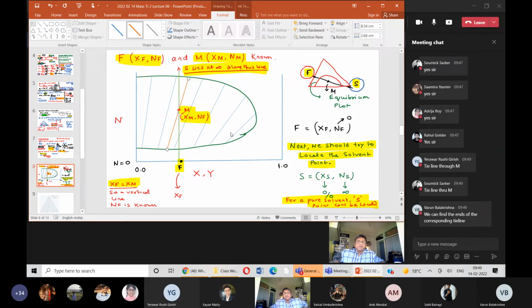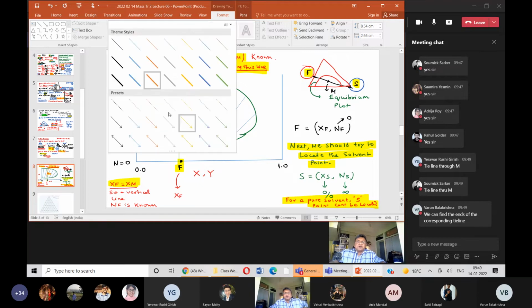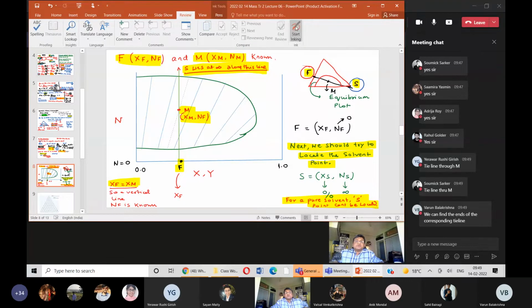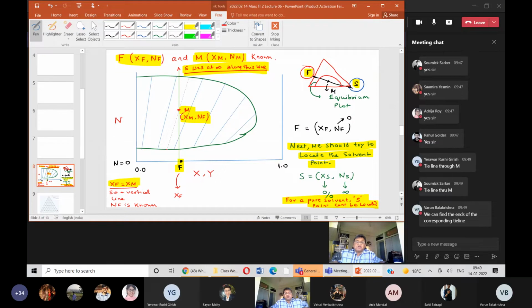So we draw this tie line, right? Once we get this tie line, we actually get these two points, E and R. So similar to the triangular plot, now from the graph we get YE, NE, and XR, NR, right?